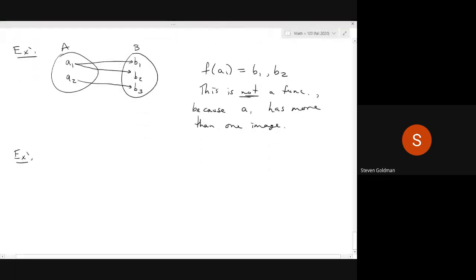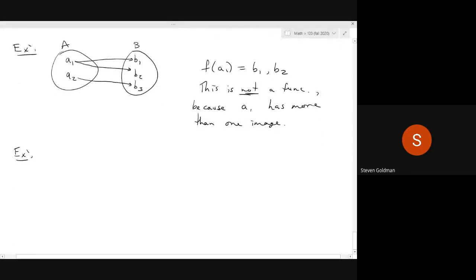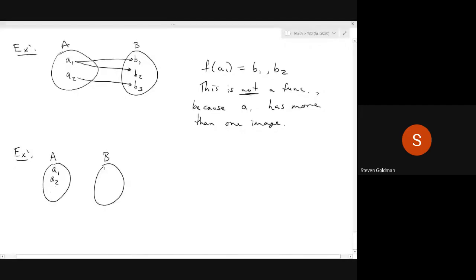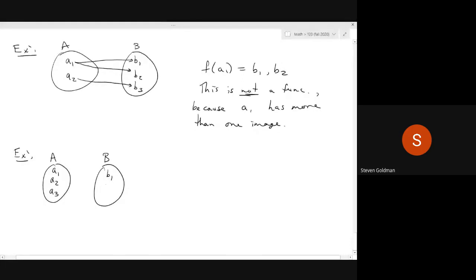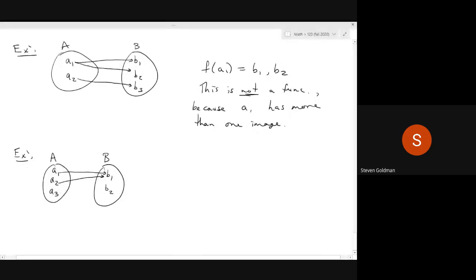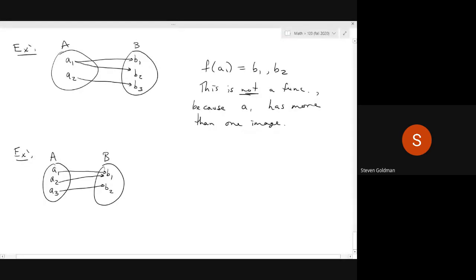All right. Next example. Let's say I have a set A, a set B. A has 3 elements, A1, A2, A3.